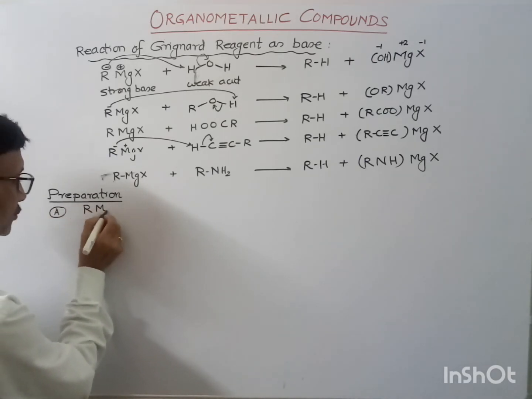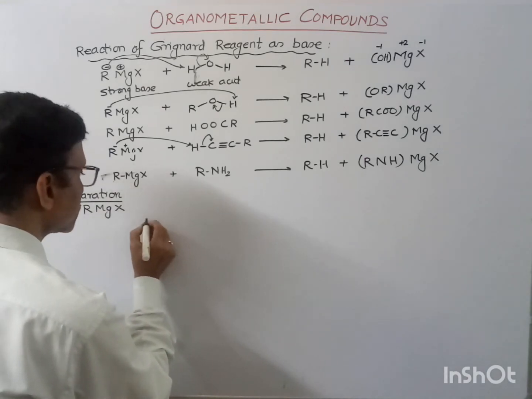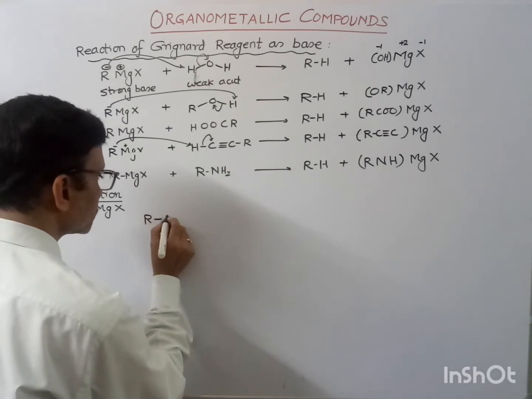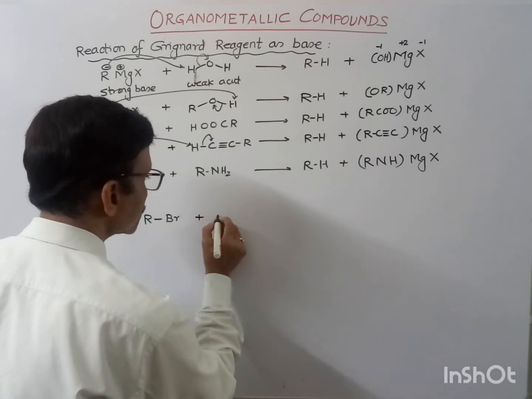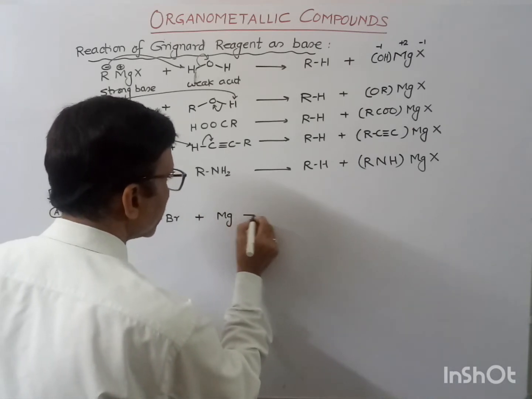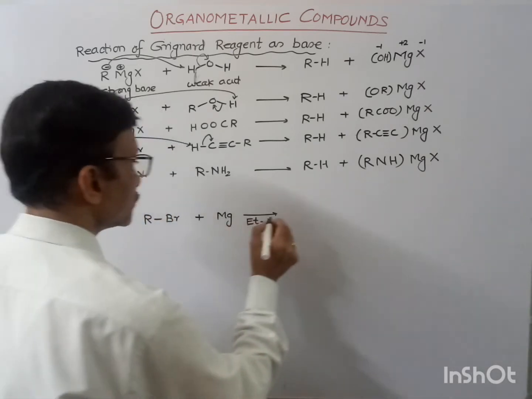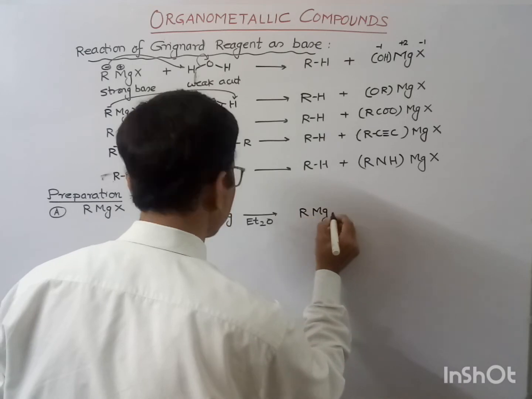Suppose if we see RMgX, how can we prepare it? So this may be prepared, suppose if we have alkyl bromide, in presence of magnesium and diethyl ether, this will give RMgBr.